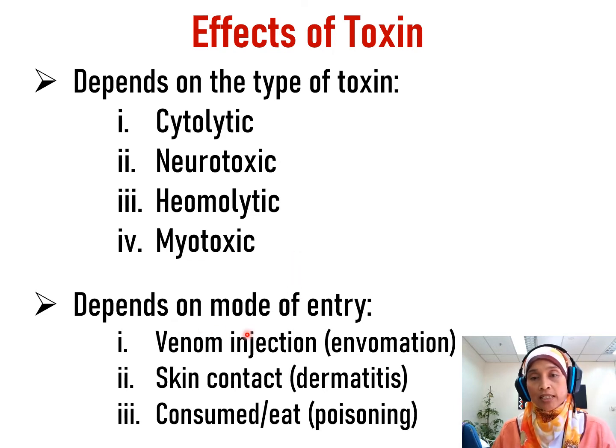As I mentioned earlier, toxins that are present in various animals enter the human via various modes. So if a toxin is injected, it's called a venom, and the process is called envenomation. If the toxin is located on the surface of the creature, and the human or the victim or the prey comes in contact with the toxin on the surface of the animal, this can lead to dermatitis.